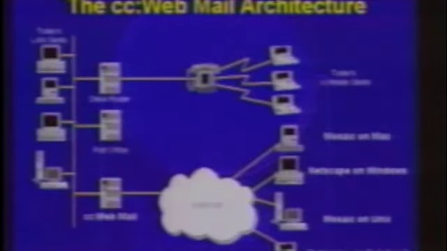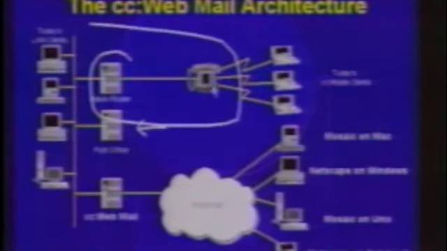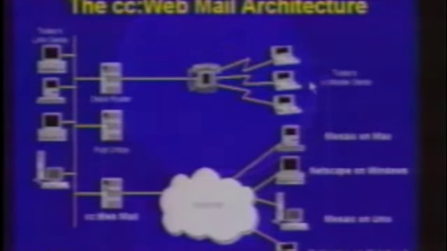So let's talk a little bit about what the architecture for this looks like. Here's today's architecture. Basically, you have a post office with a number of LAN clients connected to it. And if you're a mobile kind of shop, you'll also have a dial-in router with mobile clients calling into the dial-in router. And that will allow you then to download the new mail from your home post office to these clients.